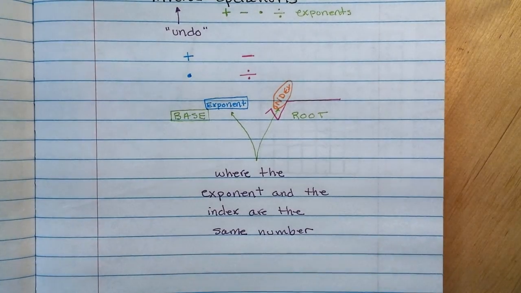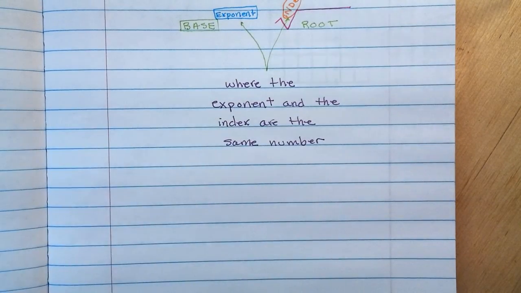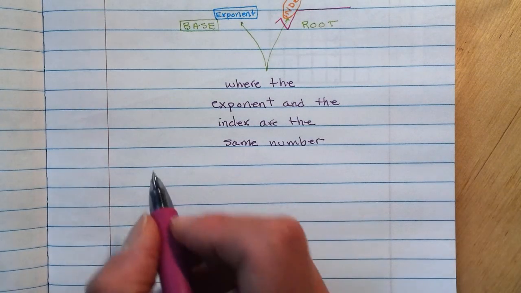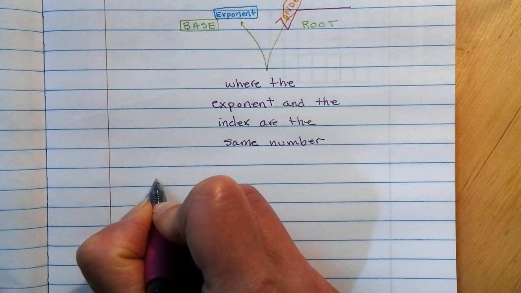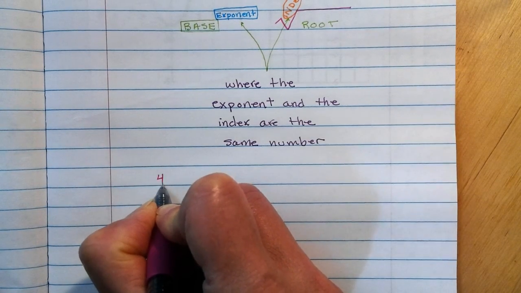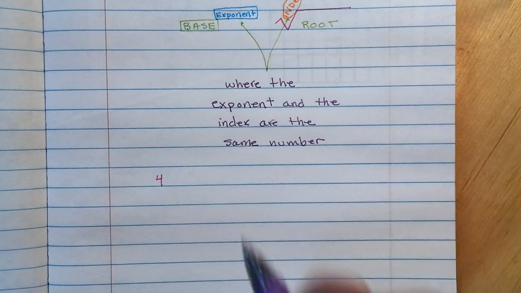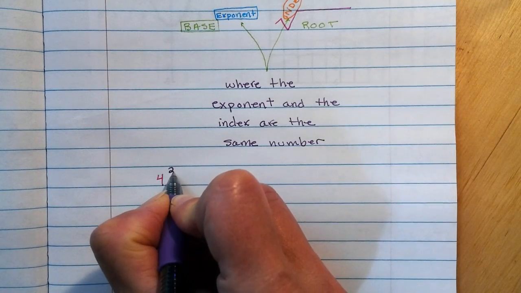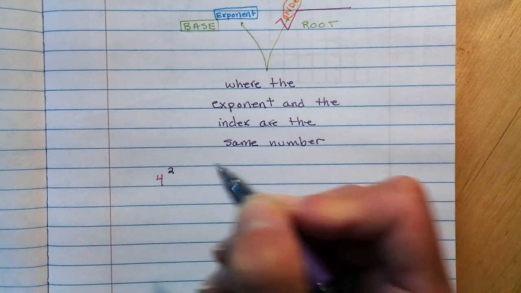So let me give you an example of that. Let's say I have 4, and I'm going to square that. This here is my exponent.